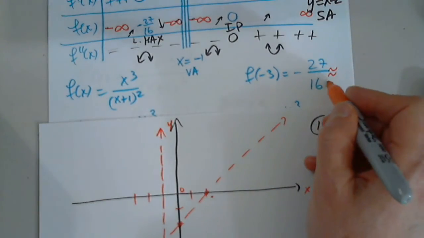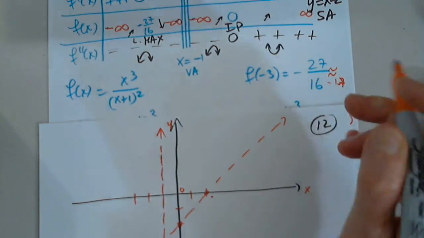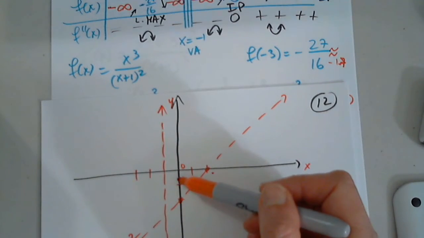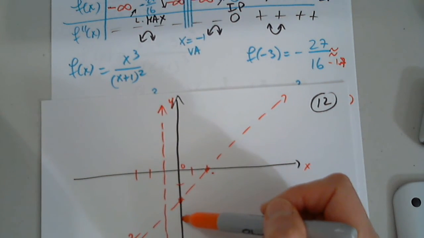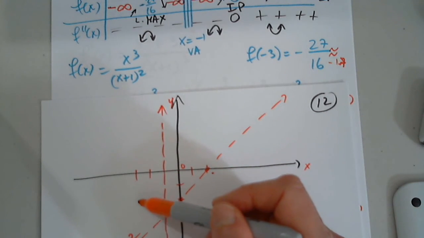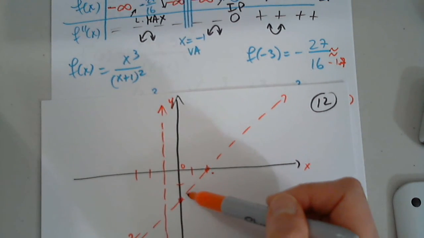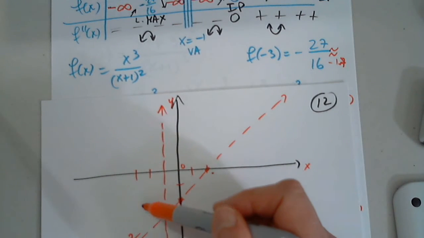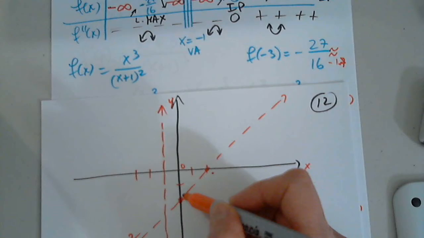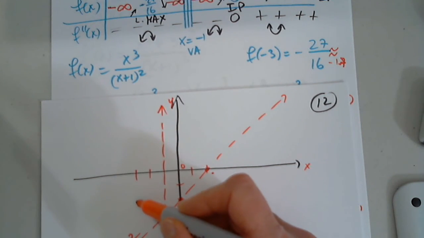Yes. I don't like this at all. Negative 1.7. 1, 2, 3. Yes, that's correct. Negative 1.7 is right here.